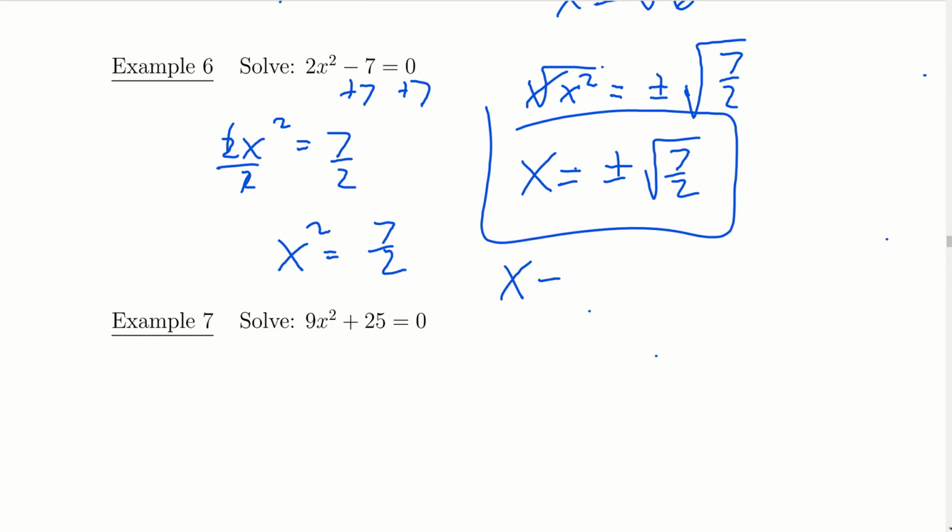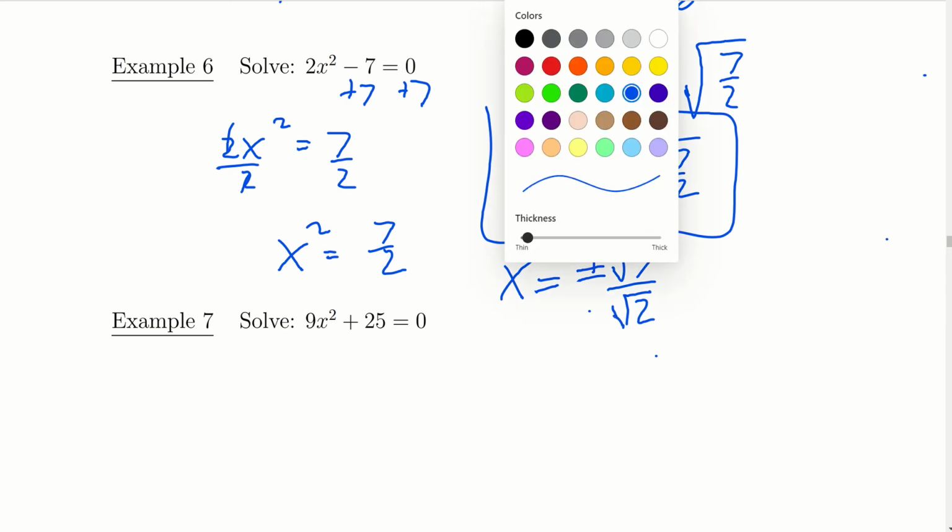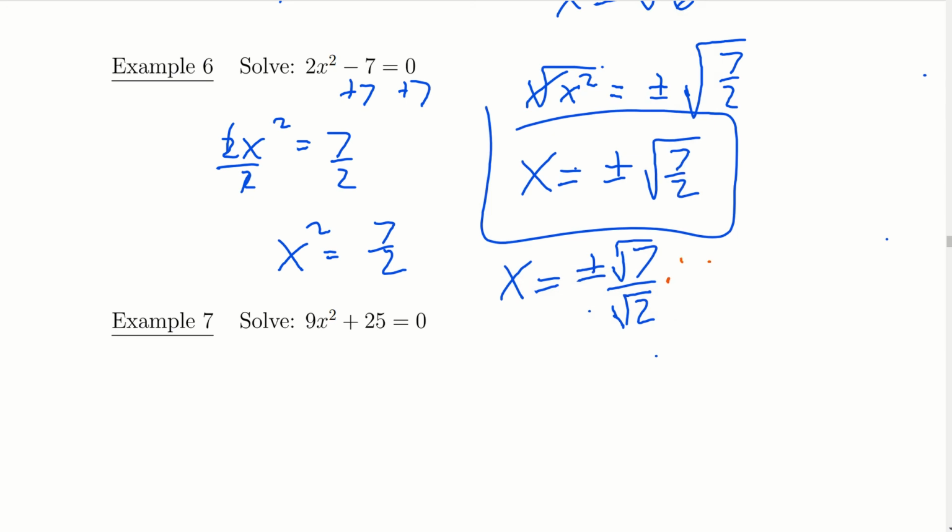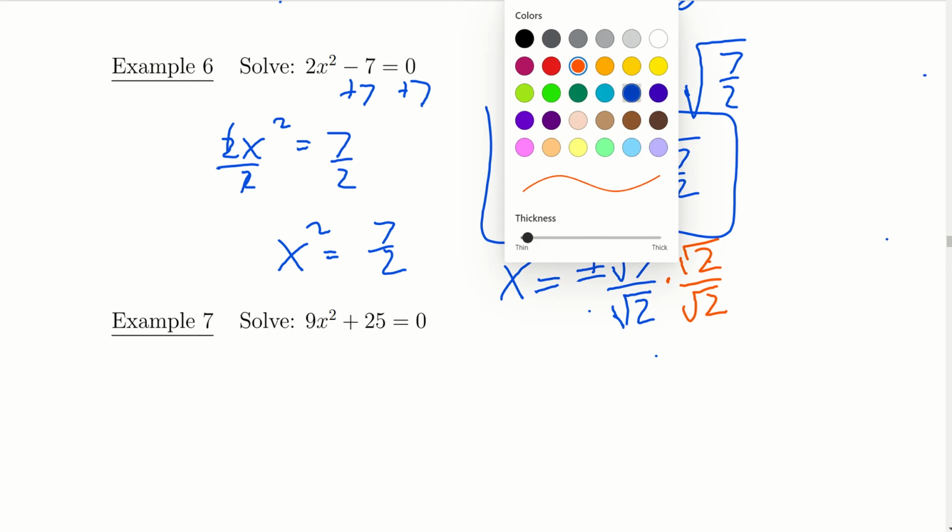This is algebraically equivalent to the square root of 7 over the square root of 2, and then it might be possible to rationalize that denominator. What that would involve doing is multiplying the numerator and denominator by the square root of 2 to remove the square root from the denominator.